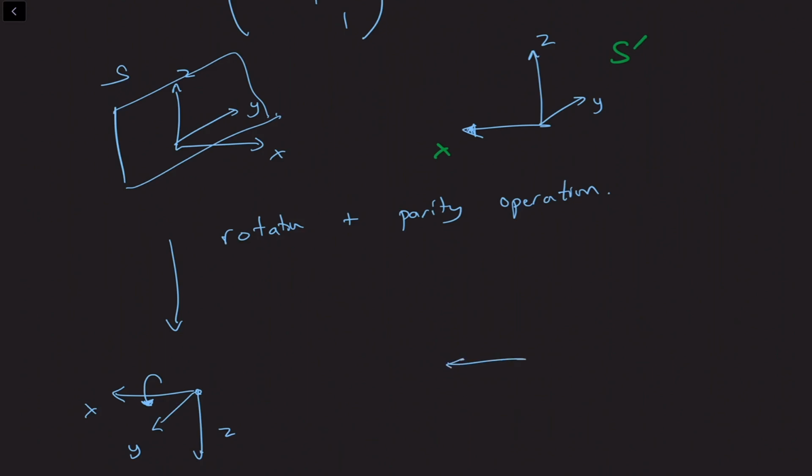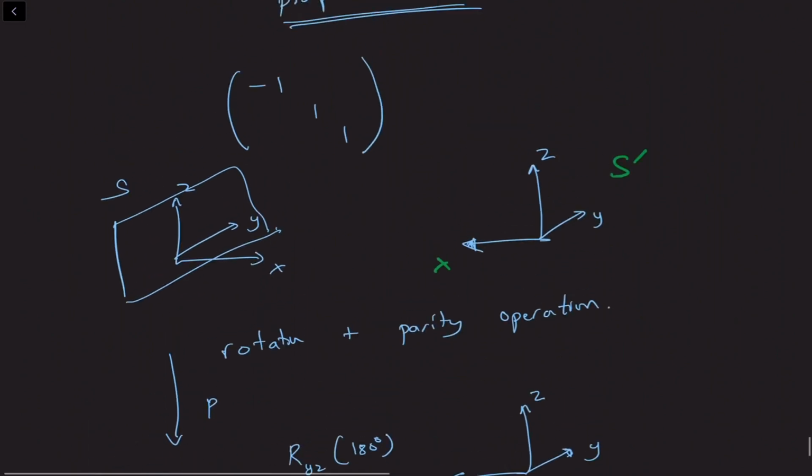What that would do is bring you to x, y, and your z-axis would be up here. So a parity operation plus a rotation about the x-axis, or rotation in the yz plane by 180 degrees, would achieve something like this.